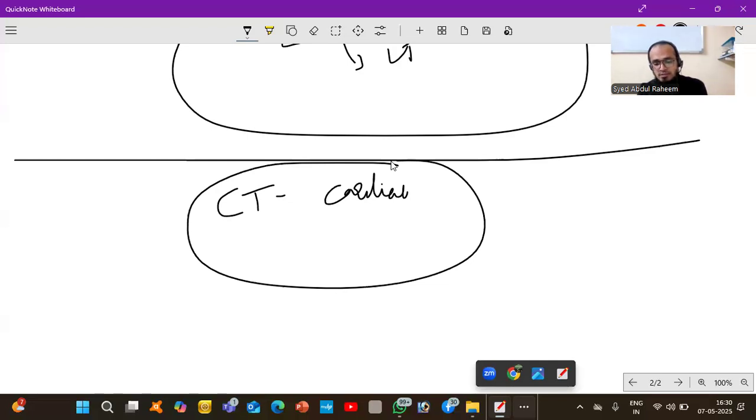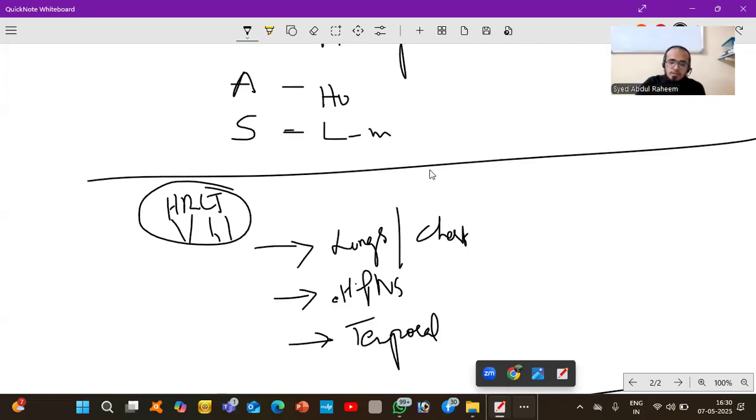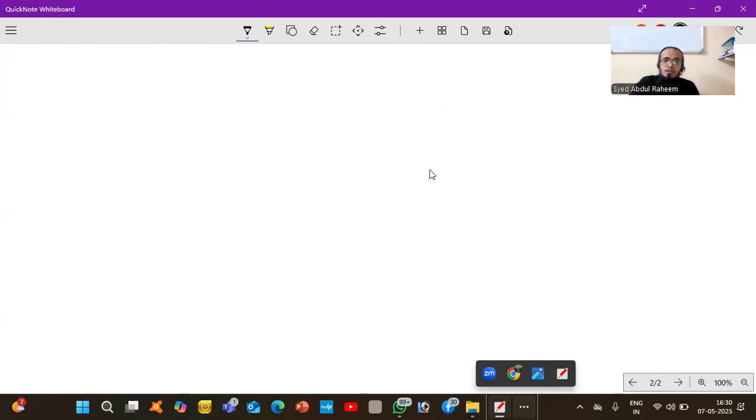So this is the mostly advisable scan, CT cardiac scan, and MRI cardiac scan can also be done. So these are the important scans to be done for understanding the pathology of the particular organ. So understand what is CT scan.